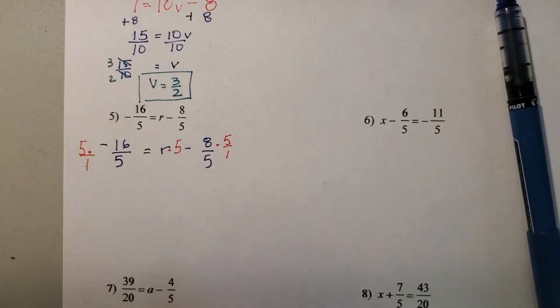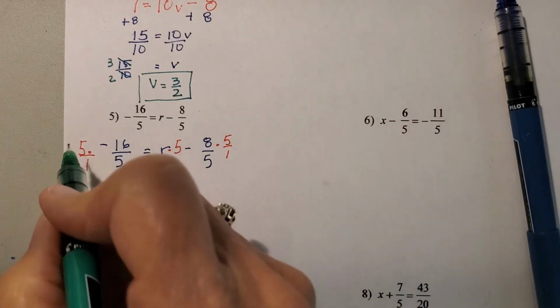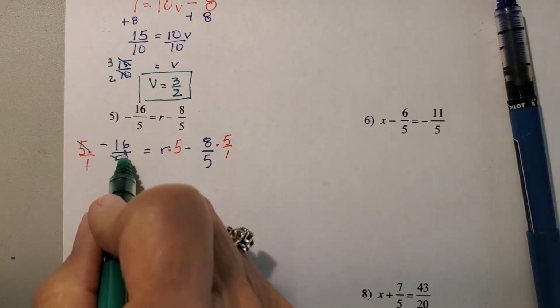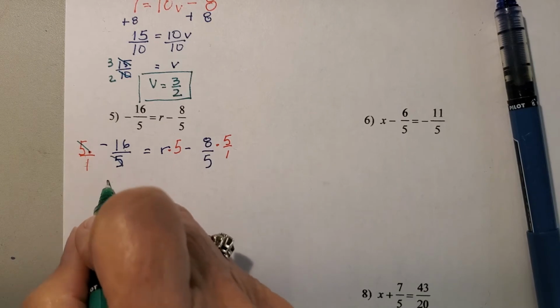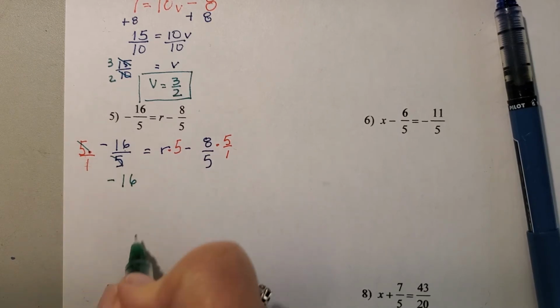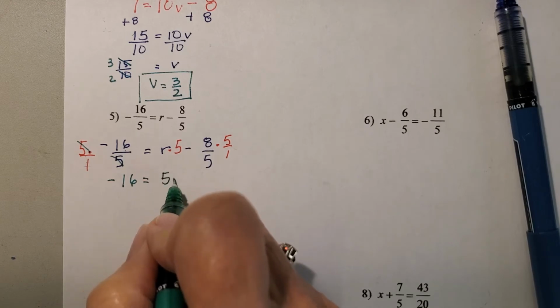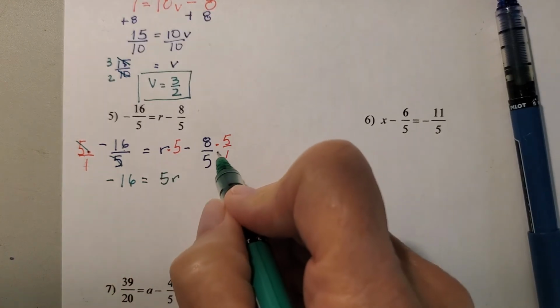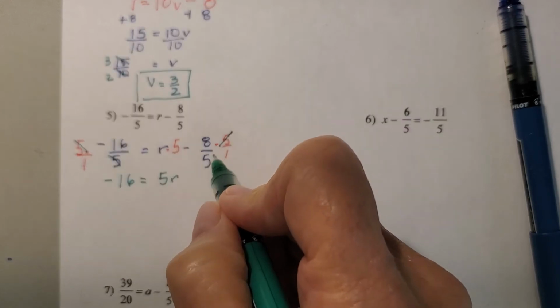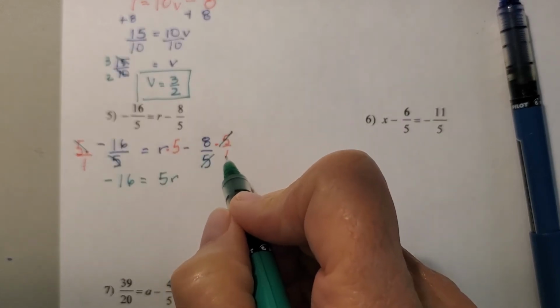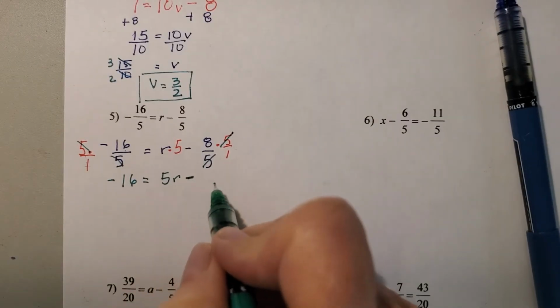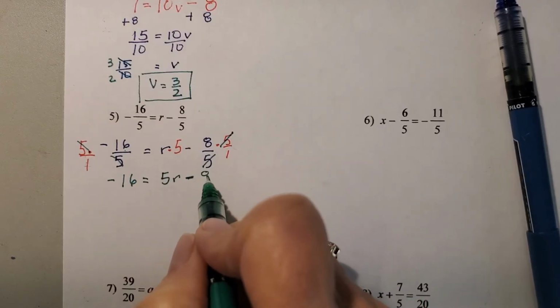And then as I go through this, the 5's cancel. I have a negative 16 over 1, which is just a negative 16. R times 5 is 5R. When I do this multiplying here, the 5's cancel, so I end up with 8 over 1. I bring down my minus sign. 8 over 1 is 8.